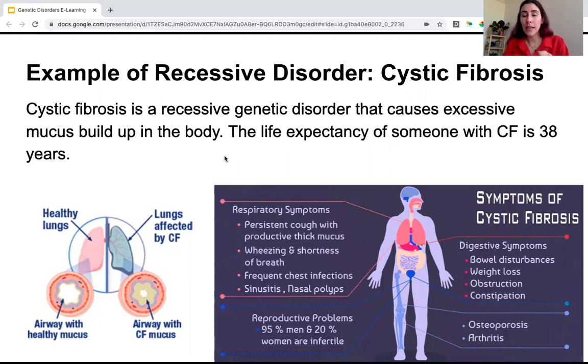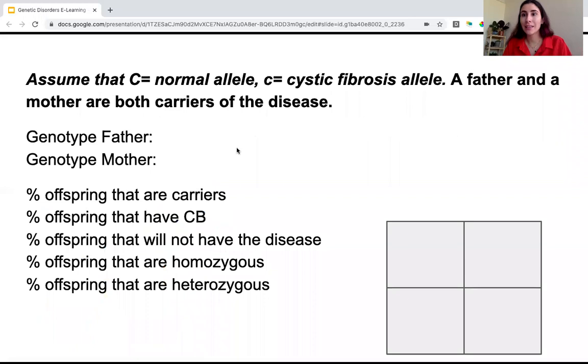So this is a disease that is caused by a recessive autosomal genetic mutation, meaning that it is a recessive disease. Let's take a look at this example. Here we see that the father and the mother are both carriers of this disease. So right away, if you hear the word carrier, you know that they are talking about heterozygous.